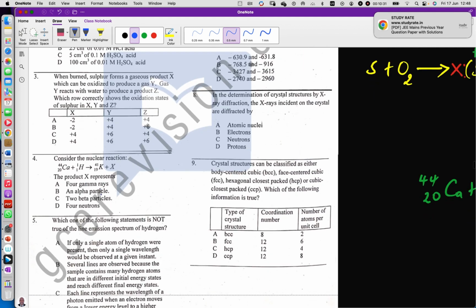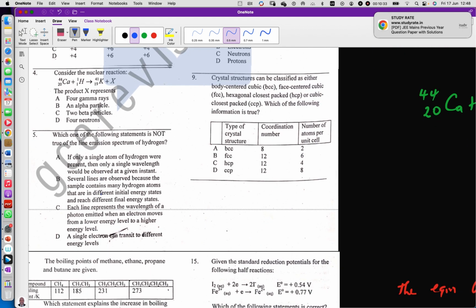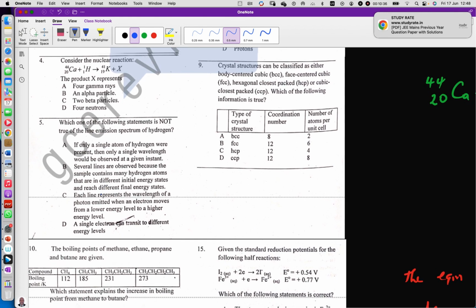Let's move again to question number 4. Consider the nuclear reaction: calcium plus hydrogen gives potassium plus X. The product X represents: A, 4 gamma rays; B, alpha particles; C, 2 beta particles; D, 4 neutrons.